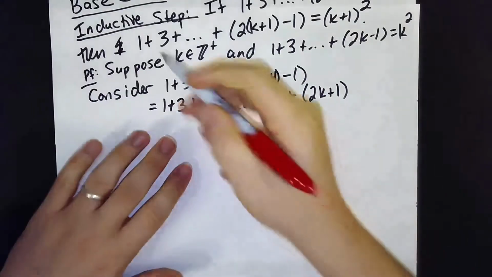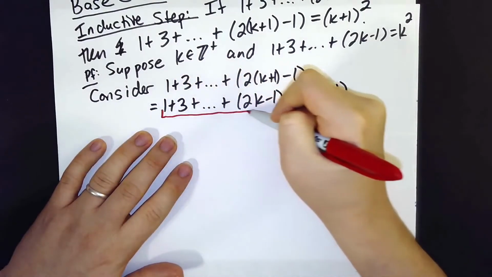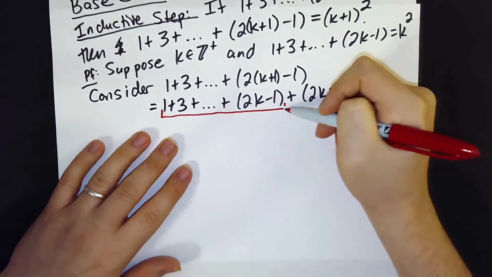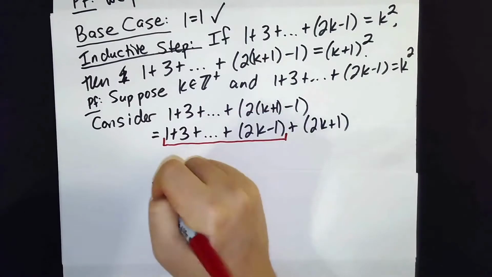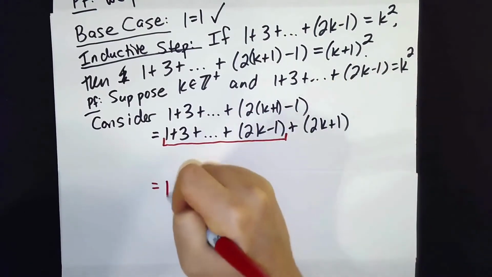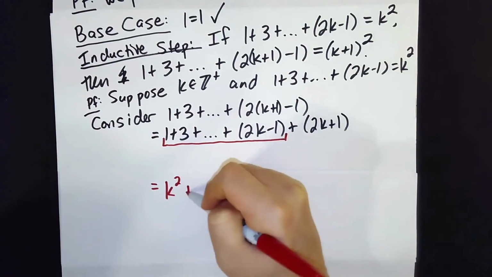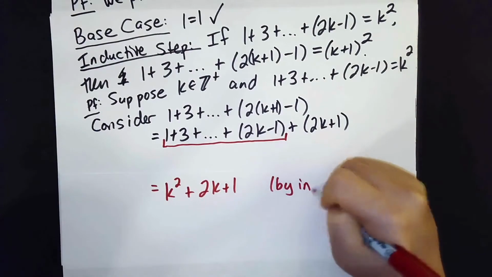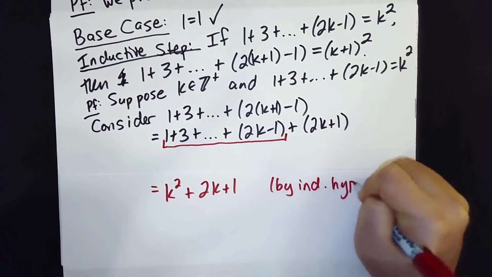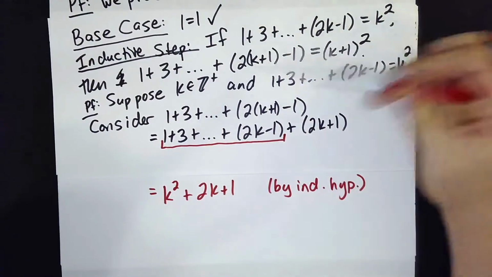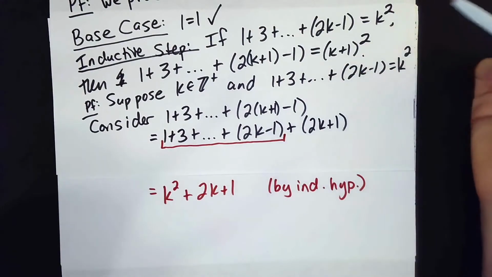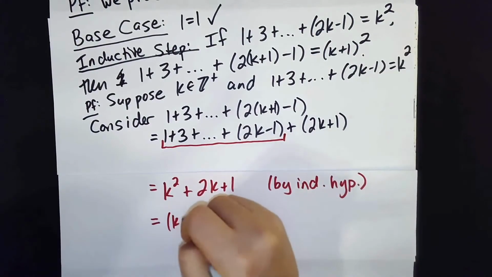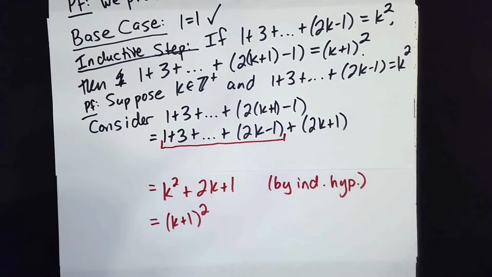Okay, so this is the thing that we assumed was k squared. So this equality now is k squared plus 2k plus 1 by the inductive hypothesis. In other words, by that thing we assumed when we were proving this if-then statement. But now we're almost done, because that is k plus 1 squared.